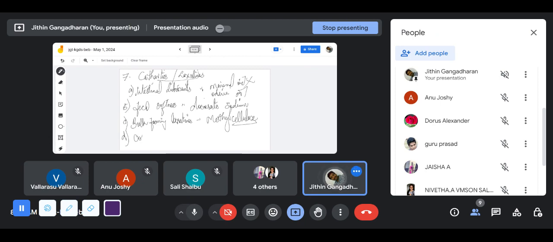But this colon irritant, example bisacodyl, will have this dependency, so it is not indicated for longer period of use.